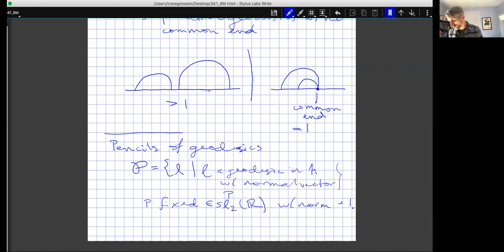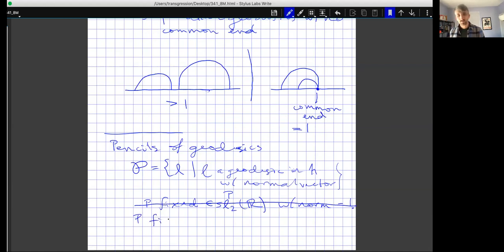No, I totally botched that. That doesn't make any sense. The normal vector determines the geodesic. P is not an element of SL2R. Sorry. P is a fixed plane in SL2R. Okay, so fixed with normal vector, I meant to write in P up here.